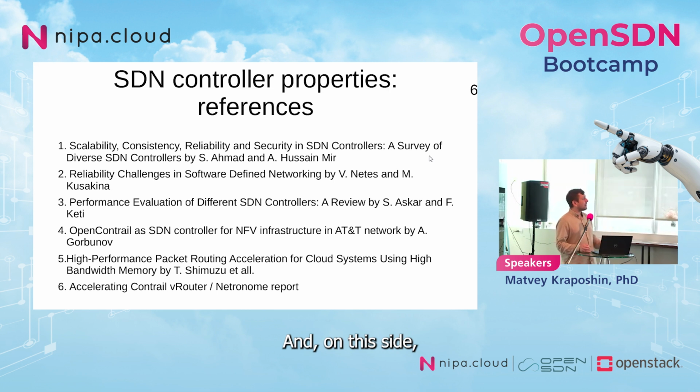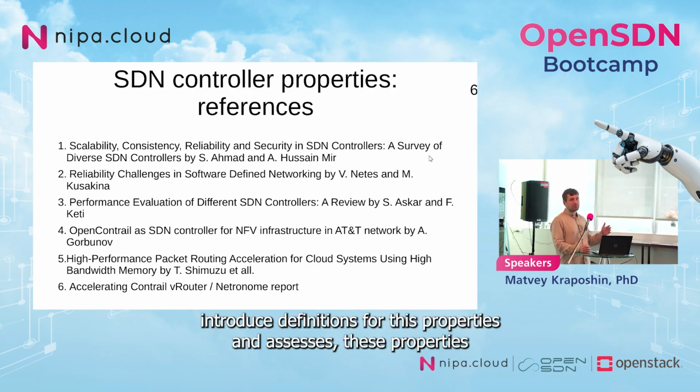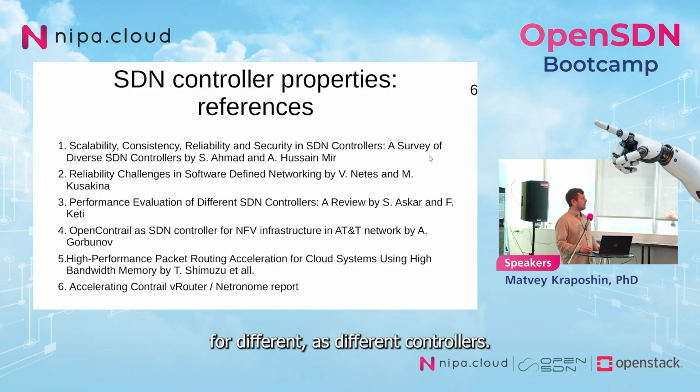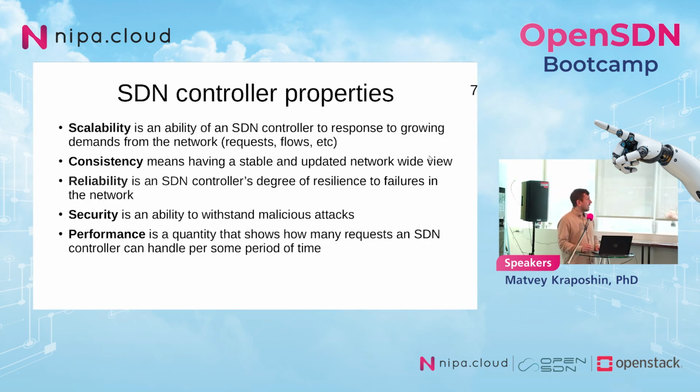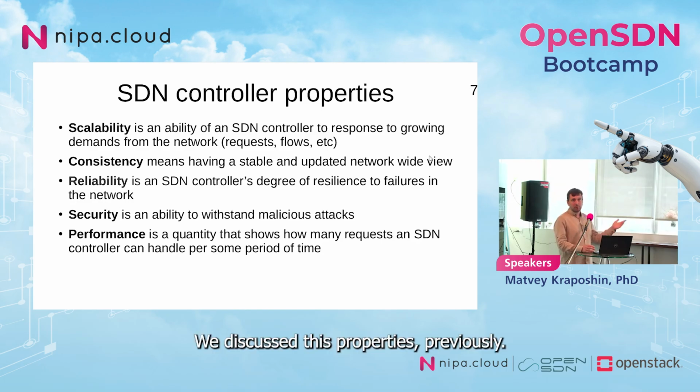On this slide, you can see several works which introduce these key properties, introduce definitions for these properties, and assess these properties for different SDN controllers. We discussed these properties previously, so I think we can keep this slide.